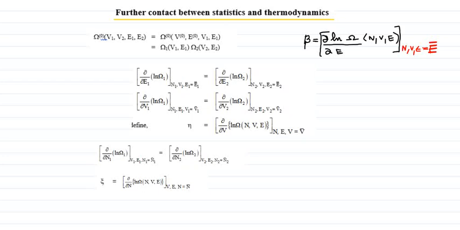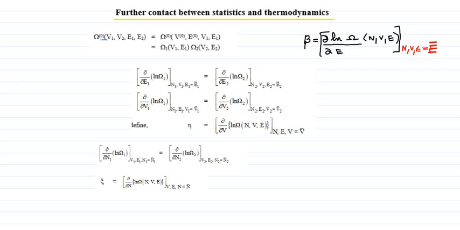Hello, in our last class, we introduced the difference between a microstate and a macrostate. Then we discussed how a thermodynamical parameter called entropy is related to the number of microstates.